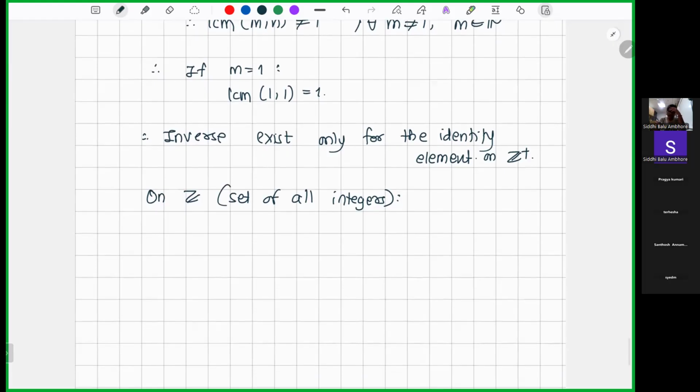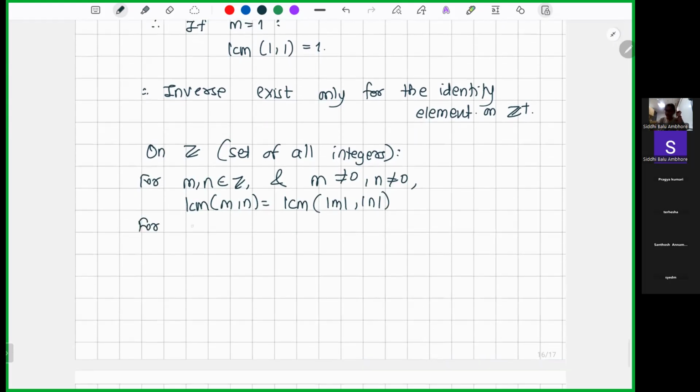First of all, let us see how LCM is defined. So for m, n in Z, and m and n both non-zero, let me just write explicitly, LCM of m and n is LCM of |m| and |n|. That's how I define the LCM.